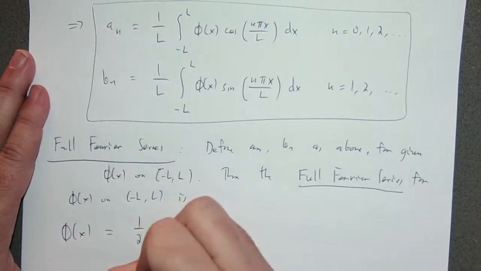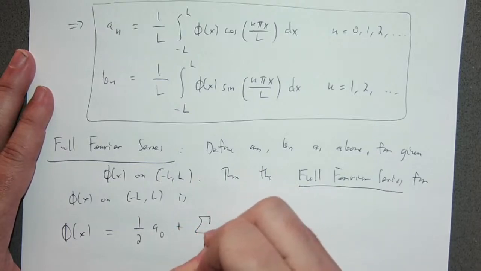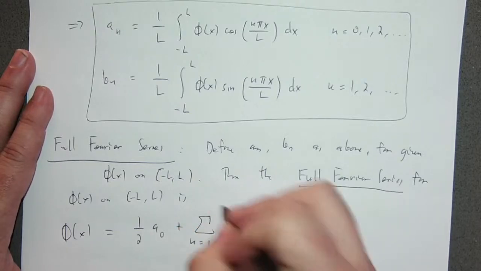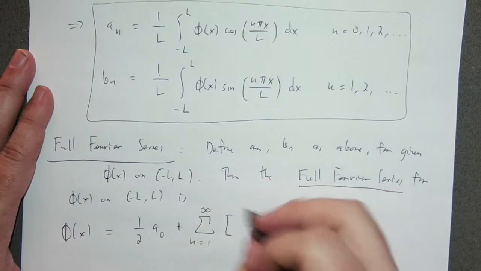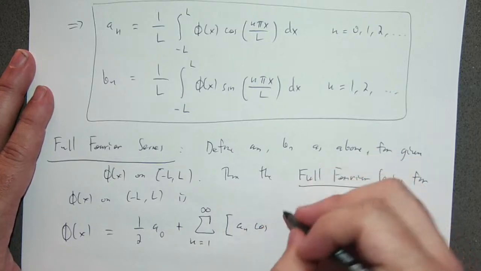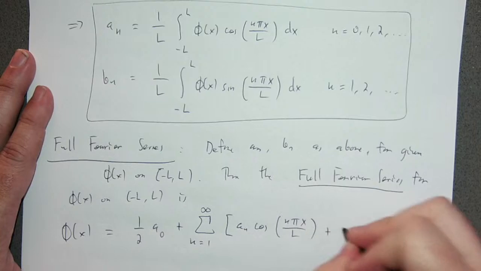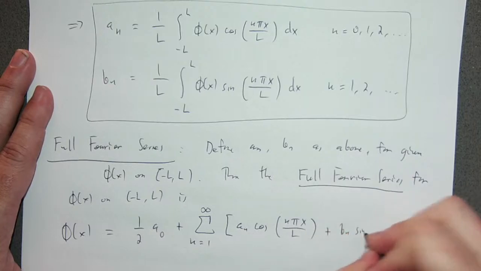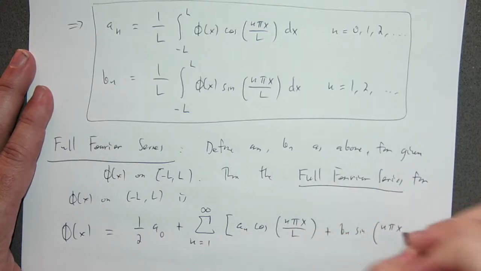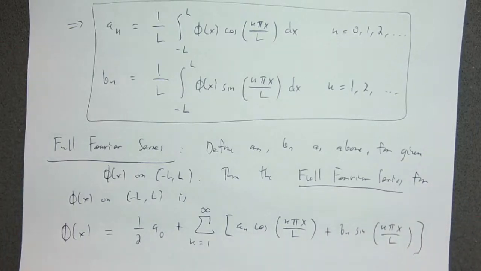It's 1/2 a naught plus the thing I wrote at the very beginning: the sum from n equals 1 to infinity of a sub n cosine of n pi x over L plus b sub n sine of n pi x over L.